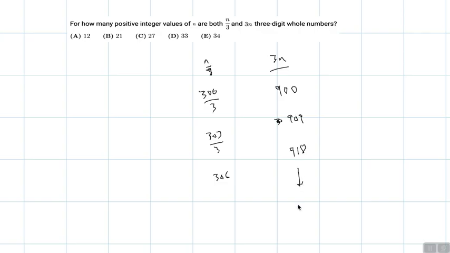So this goes all the way to 999. So this is 9 times 1, 9 times 2 is 18, 9 times 11 is 99. So 1, 2, 3, 11 plus 12, 3-digit whole numbers.